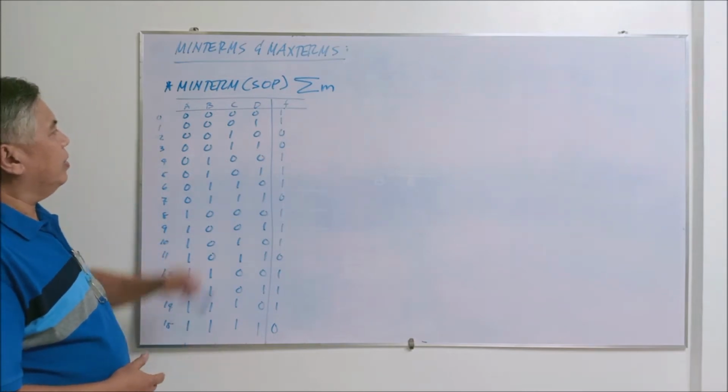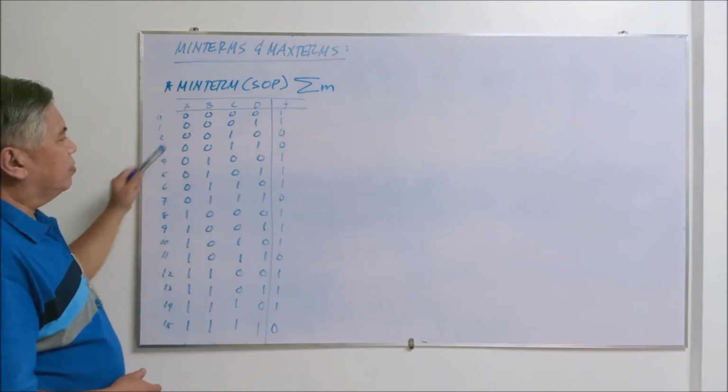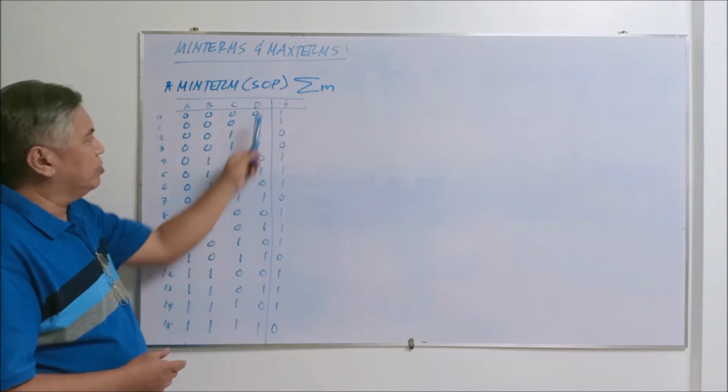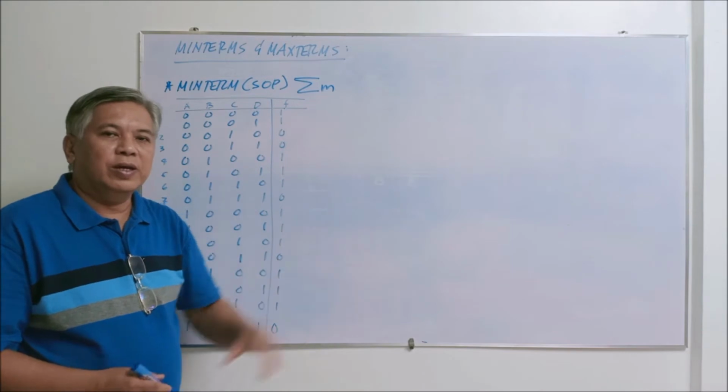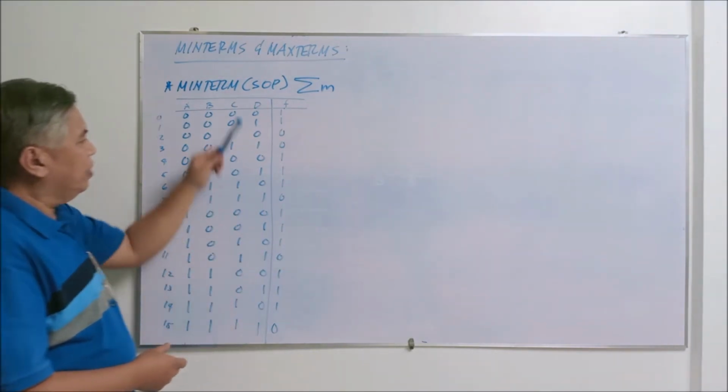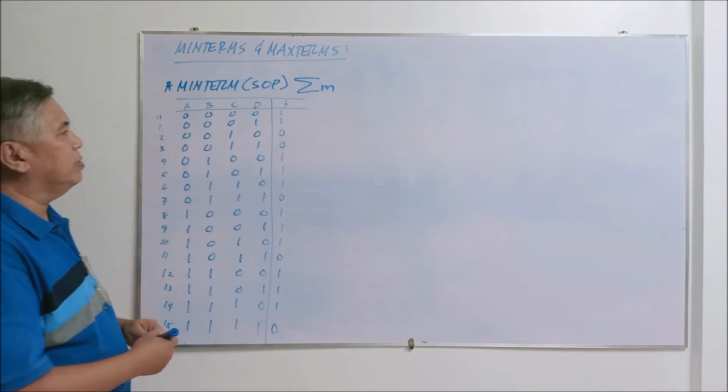Again, we have here a truth table which is based on a particular problem. The output here is based on the condition of the problem. So, how do we represent this using the Minterms?